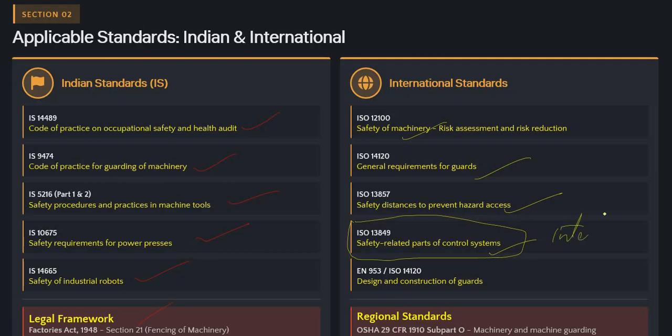You need to identify the category, whether the equipment requires category 3, category 4, PL d or performance level e. It is defined in this ISO 13849. Also EN 953 or ISO 14120, which covers design and construction of guards. This is about international standards. It is not in your syllabus, but for your understanding and day-to-day work, I included this.